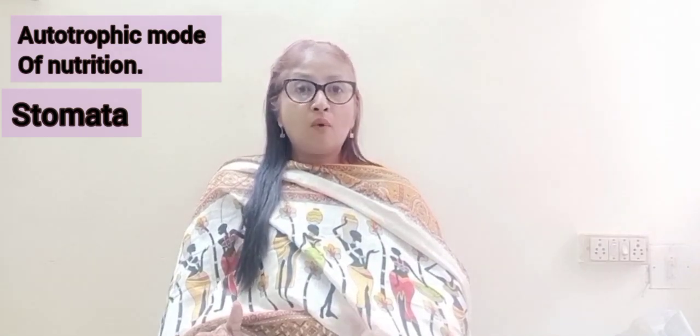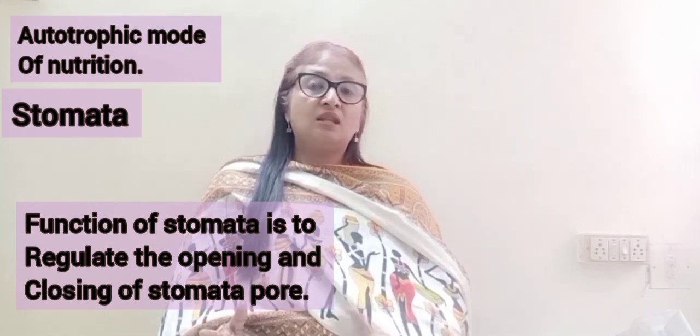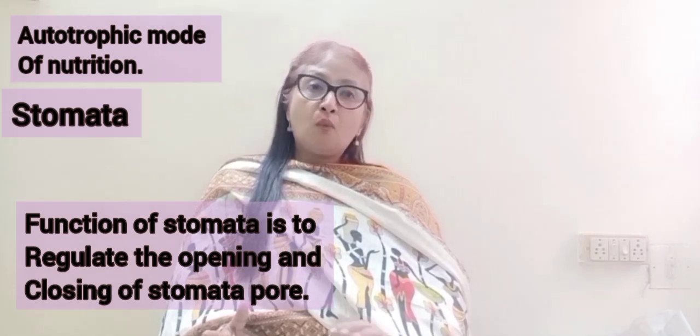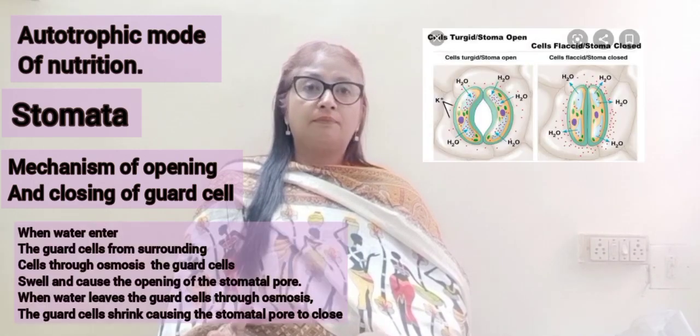Next, what is the function of the guard cell? Guard cells help to regulate the opening and closing of the stomatal pore. Now, what is the mechanism which causes this opening and closing?